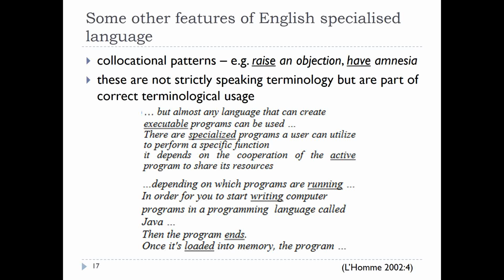Now, looking at the items I've underlined, you could argue that some of them are more terminological than others, so that you might want to argue that executable would be a term. But on the other hand, towards the bottom where it says the program ends, I don't think anyone would say that that was a term. But it is the word which happens to be used within this specific specialized language.